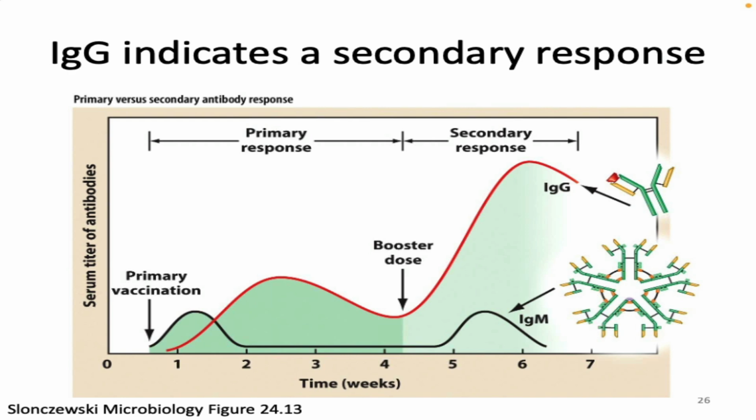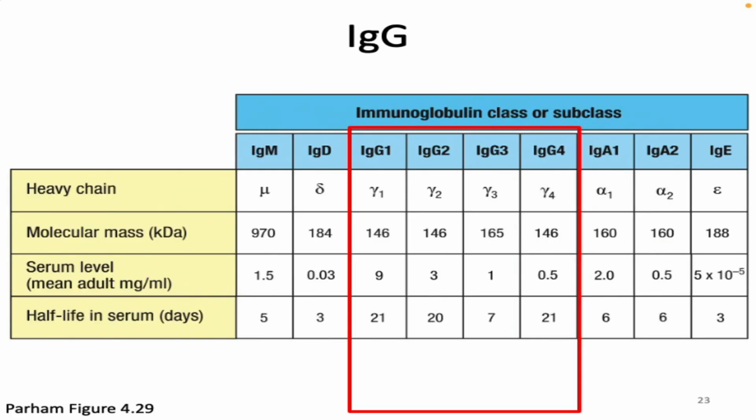The issue is, if you recall, you don't really have very much IgE and IgA in the serum. So if you were going to be the physician who wants to do this measurement, you'd be like, it's a pain in the butt to measure IgE. I'm going to measure IgG because it's really a lot.